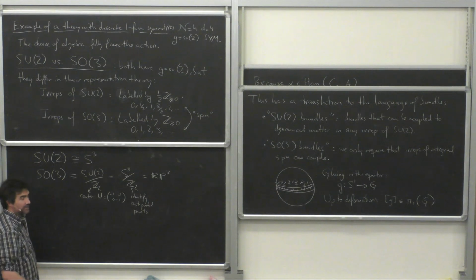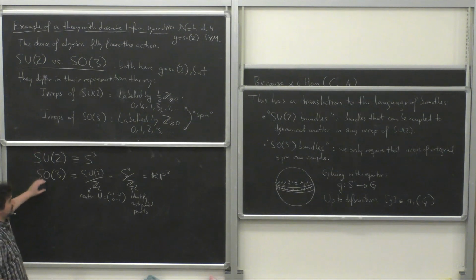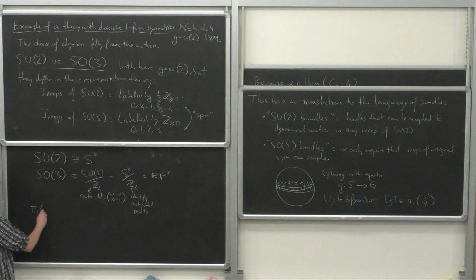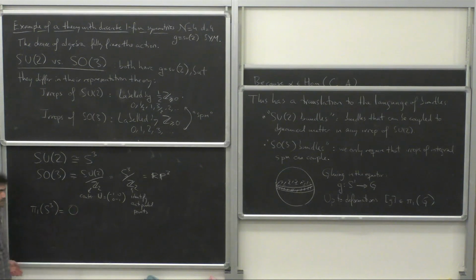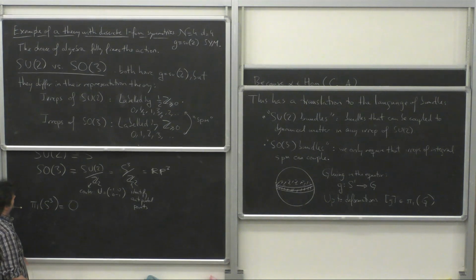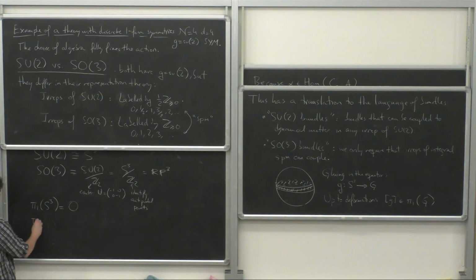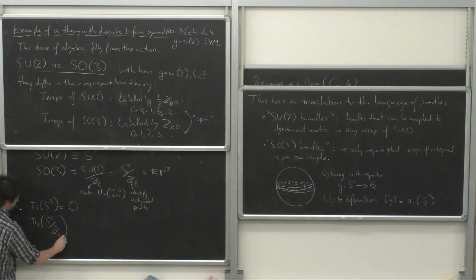Okay, so let's see which kind of bundles we can put of each type on the 2-sphere. Pi_1 of S^3 is just 0. If you try to lasso the S^1 in the 3-sphere, it can always collapse. But this one is not 0.